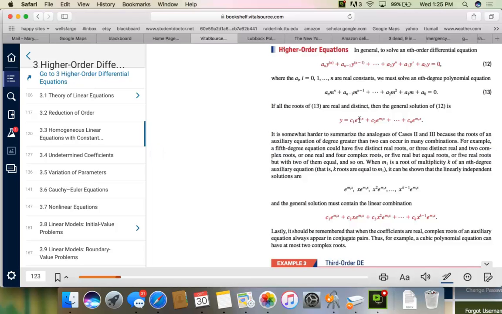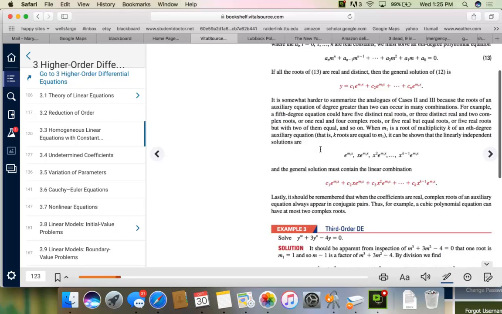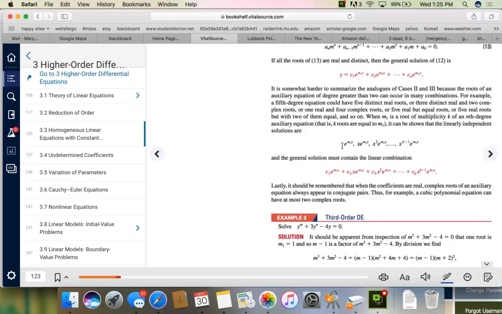Are they complex? Are they repeated roots? If they're repeated roots, then you're going to get terms that look like e to the m1x, x e to the m1x, x squared e to the m1x, depending on the order. So if you get a third order root, you'll generate 3 terms. If you get a 10th order root and the roots are all equal, you'll generate 10 terms.